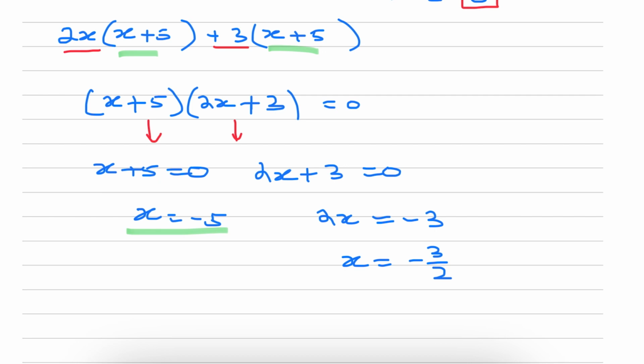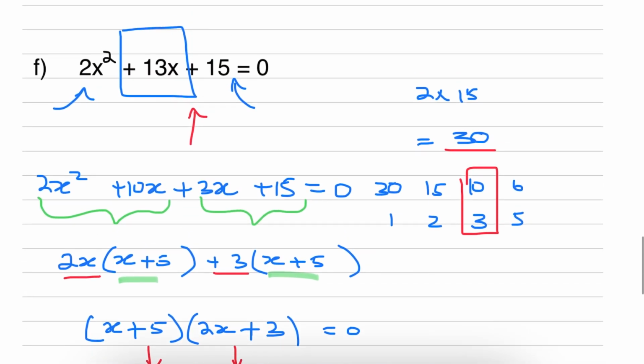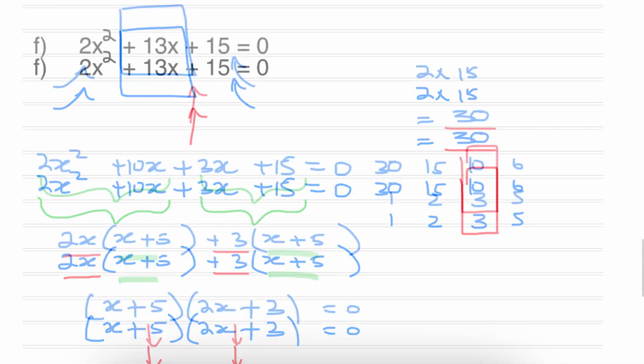So your answers here are -5 and -3/2. These are your final solutions for the original equation, 2x squared plus 13x plus 15 equal to 0.